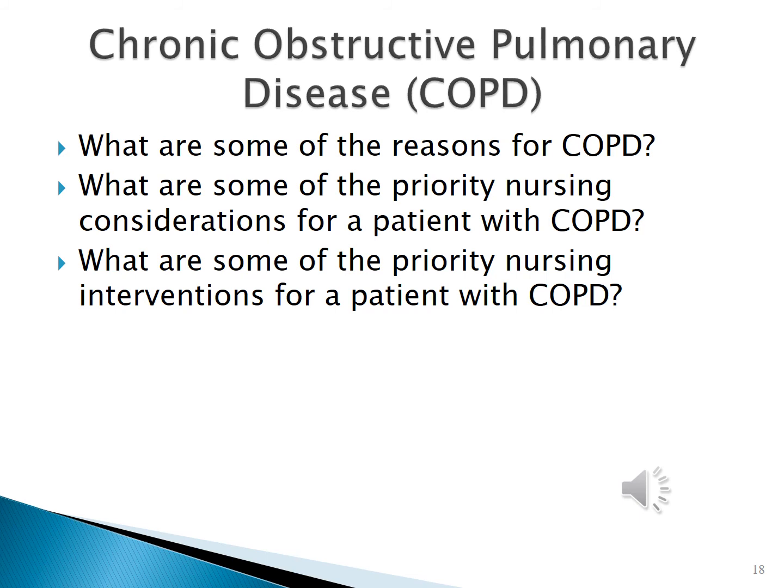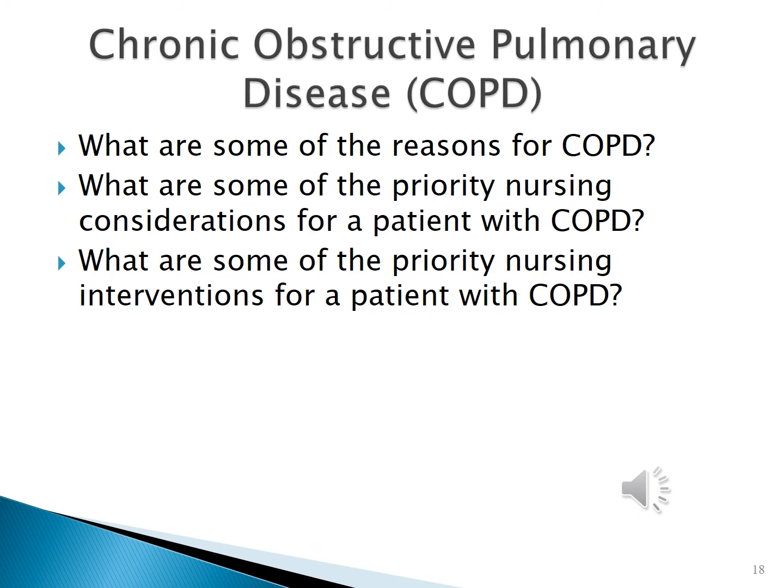These patients have ineffective breathing pattern related to both the chronic bronchitis and the emphysema, decreased cardiac output, impaired memory, impaired gas exchange, ineffective airway clearance, and they're at risk for falls. So those are some priority nursing considerations for these patients.